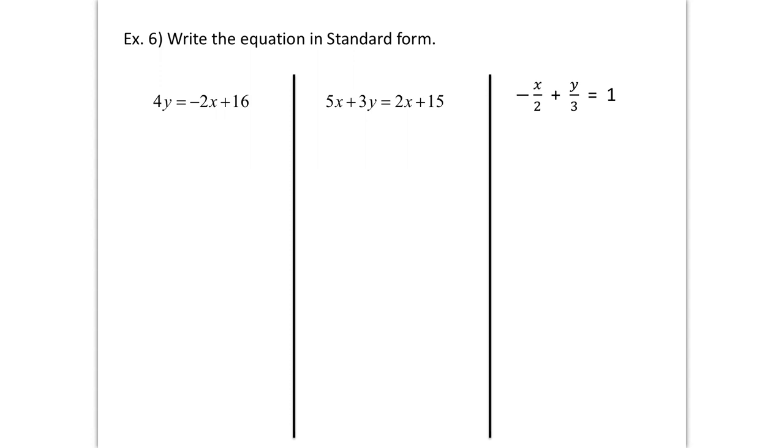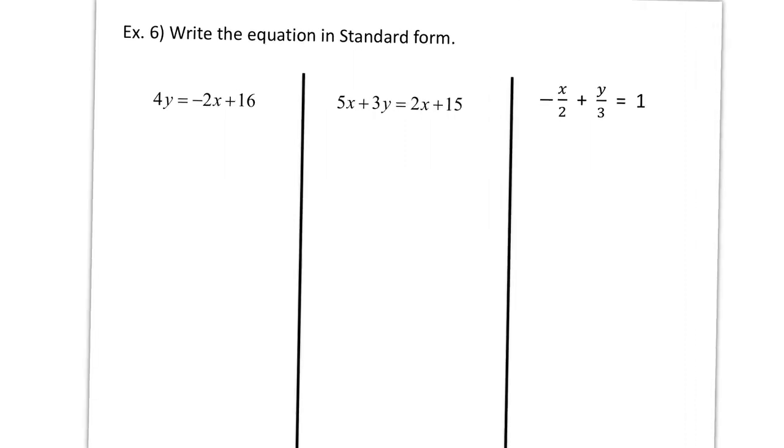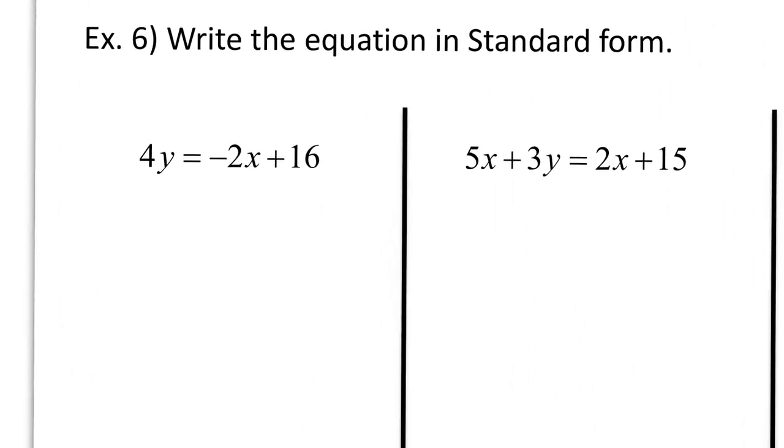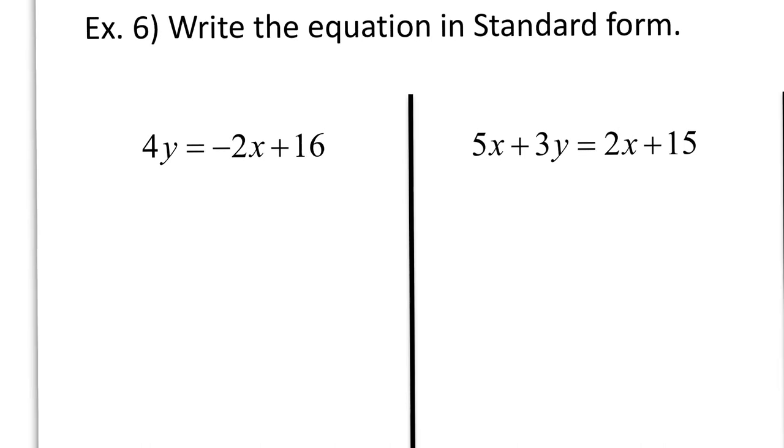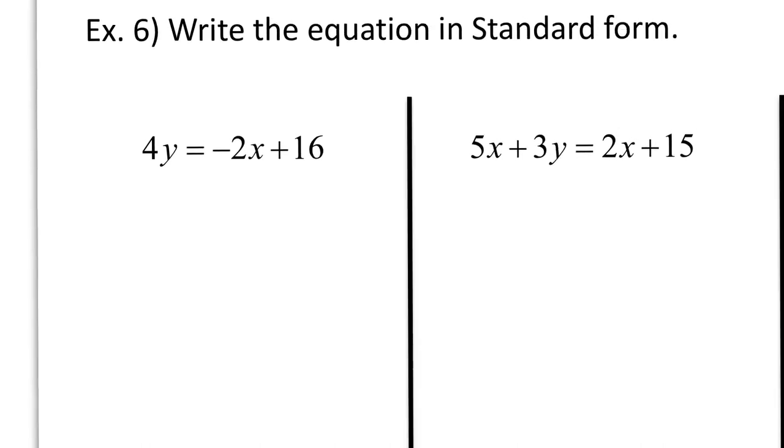Let's write the equation in standard form, and then I'm going to show you how to graph those equations when you have standard form. So first of all, let's get the x and the y on the same side for this equation. 4y equals -2x plus 16. This -2x, you send it to the other side. I want that on the same side as the y. So I'm going to put a line under the equal sign.